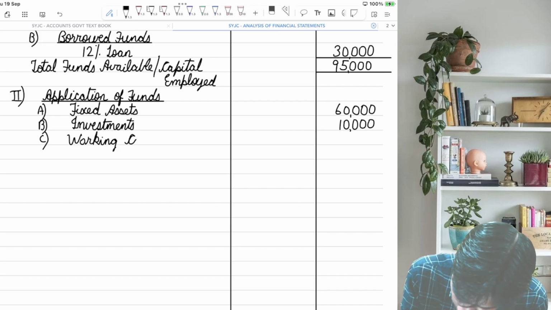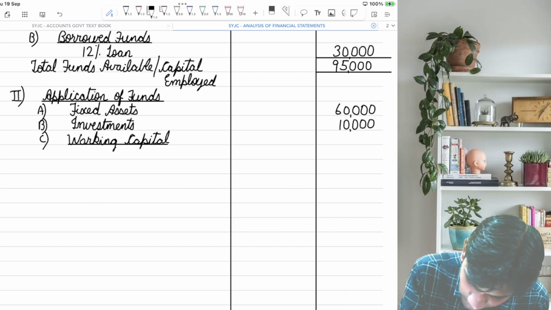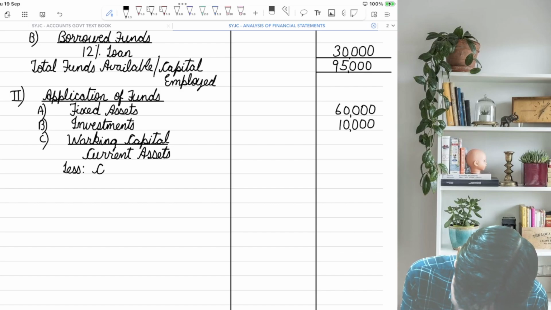This is just, guys, the presentation of the balance sheet from horizontal to vertical. And working capital, we have current assets minus current liabilities. This time we'll not bifurcate because we don't have bifurcation of quick and non-quick. Current assets, I'll say less current liabilities.